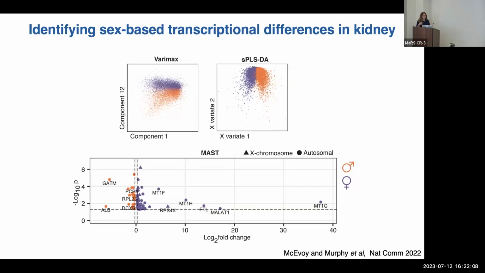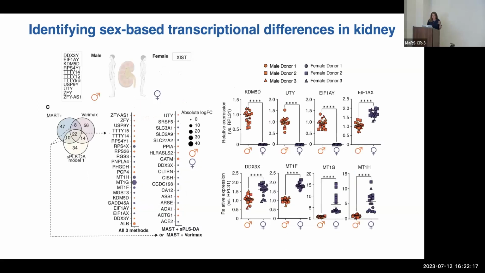So for example, Varimax, we also use MAST, which takes into account type 1 errors. And we took these three, we came up with, okay, what are the predicted molecules that are expressed using all three machine learning methods, after removing X and Y linked genes, or in one of the two. And obviously we can go and validate, hey, this is up or down in other kidney data sets. But that seems quite basic, right?